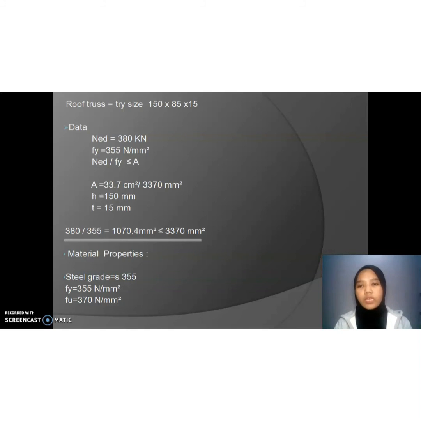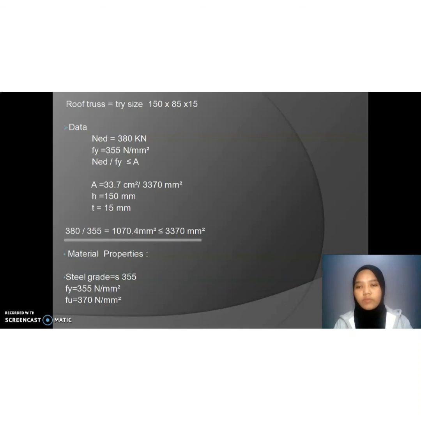NED divided by FY must be below A. A is 33.7 centimeter square or 3,370 millimeter square, and H is 150 millimeter. T is 50 millimeter.